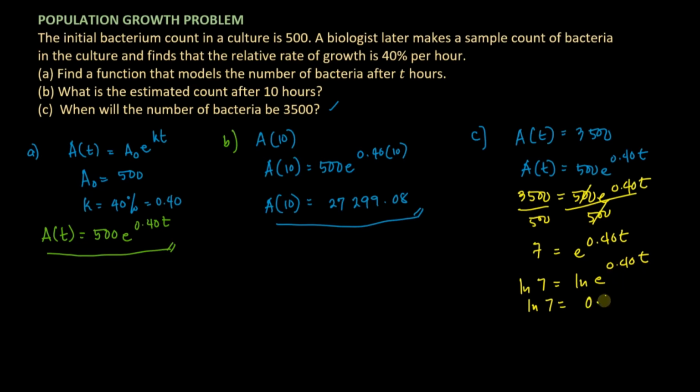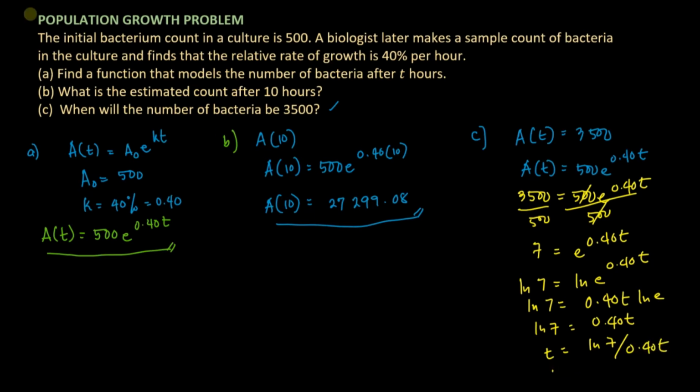Using the logarithm property, 0.40 t comes down, times ln e. We have ln 7 equal to 0.40 t, because we know that ln e is equal to 1.